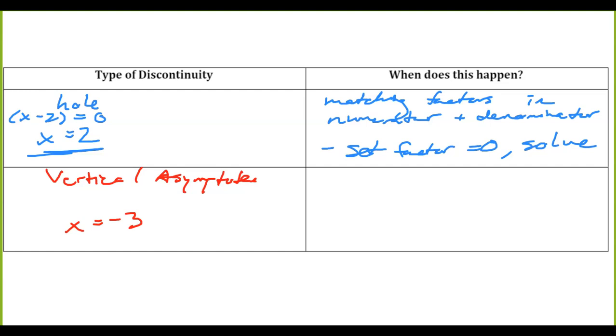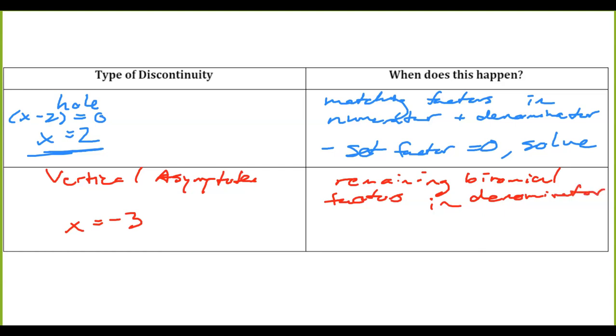Now, this is when you have remaining factors, remaining binomials, in the denominator. So if you look above, we have that x plus 3 in the denominator. And that, again, you have to set the factor equal to 0 and solve.